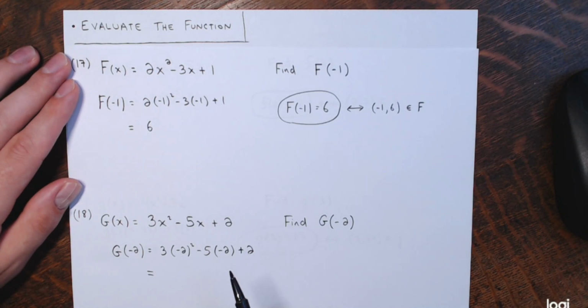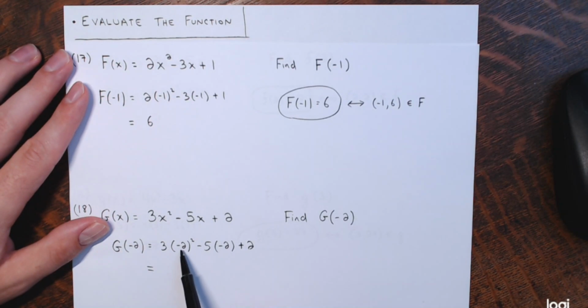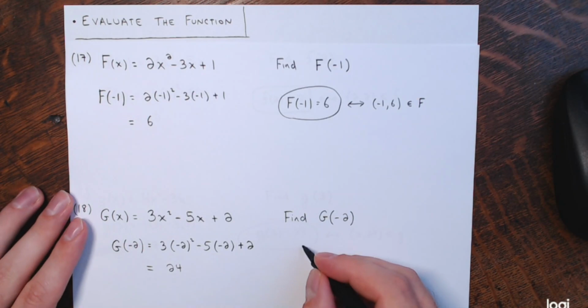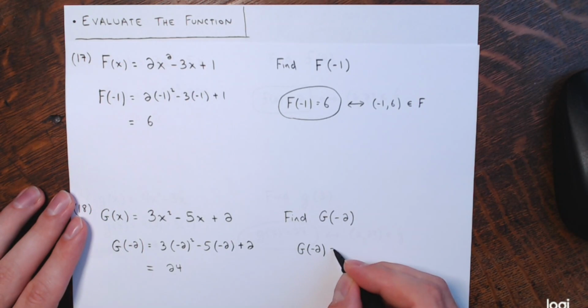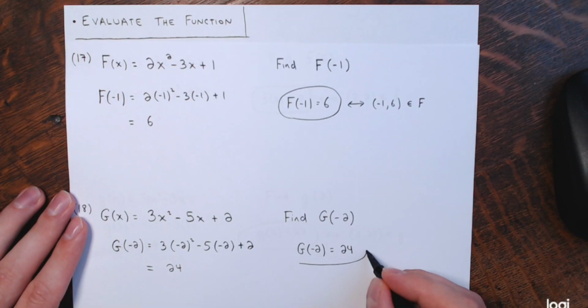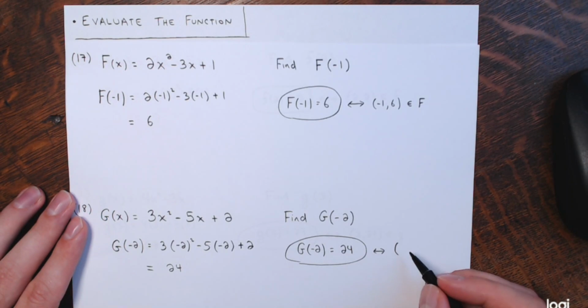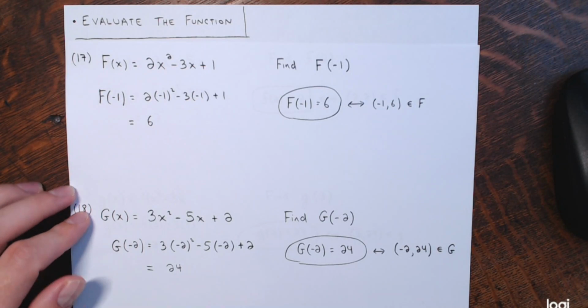And order of operations, simplifying here, -2 squared is +4, times 3 is 12. This would make +10 when I multiply. 12 plus 10 is 22, plus 2 is 24. So the value of g at -2 is positive 24. And again, an equivalent statement would be that the ordered pair -2, 24 belongs to this function called capital G.